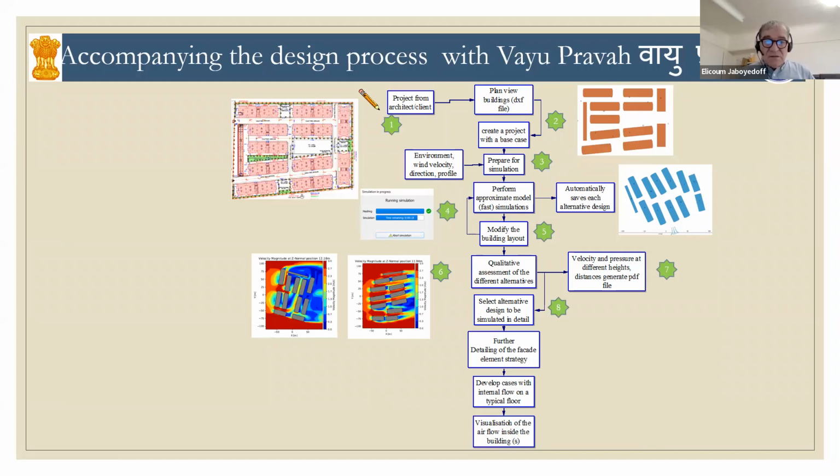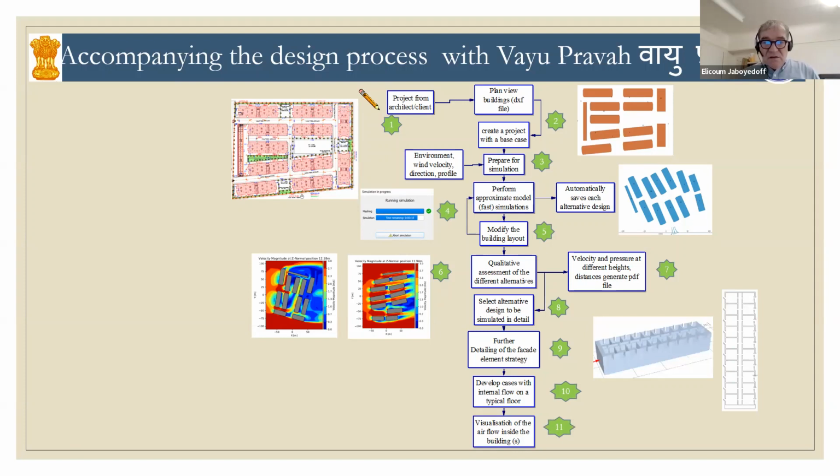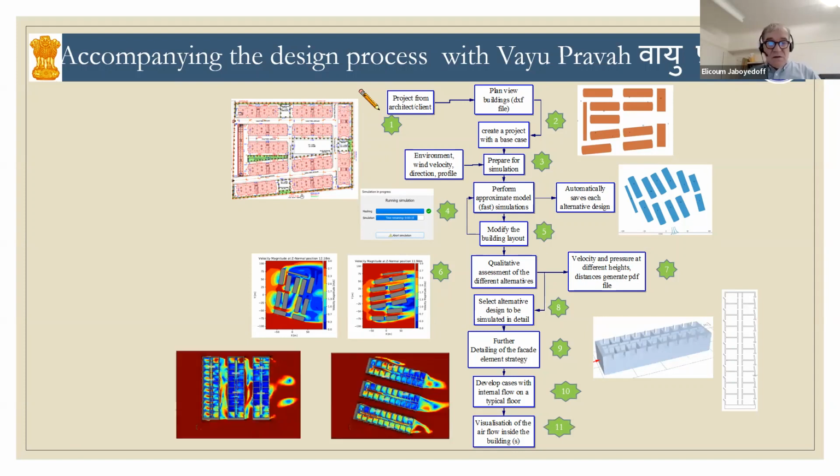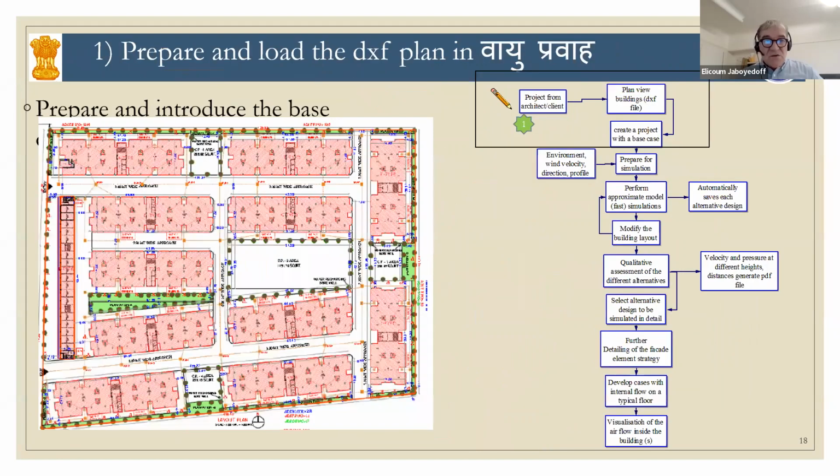Then, once you have done this block layout analysis, and you think you can change the layout of the buildings a little, you could go down to detailing the facade and develop internal flows for a typical floor, where you can visualize the flow into the building at one specific floor, for instance, or more than one. If you want relatively quick results, that's how you should proceed.